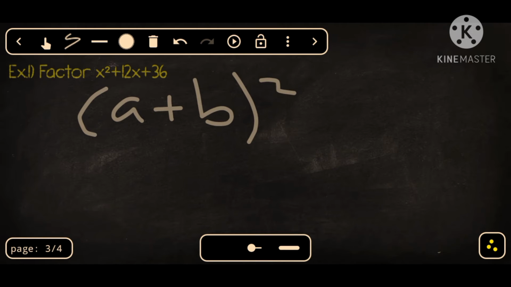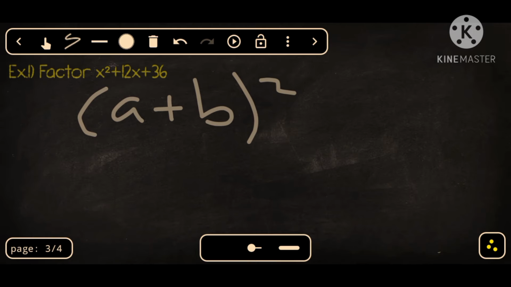Let's say the operation of the second term is minus, say x squared minus 12x plus 36, then we will use (a minus b) squared. So again, be careful of the operation of the middle term. If it is plus, we'll use (a plus b) squared. If it is minus, we'll use (a minus b) squared.